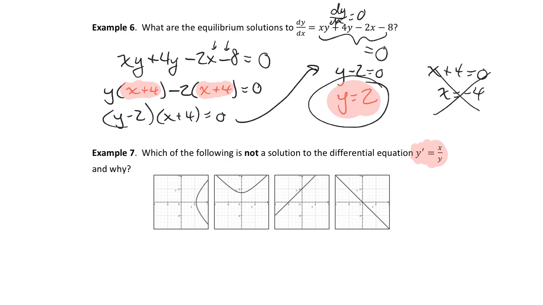So this is saying if you give me an ordered pair x, y that's on the graph, so x comma y will be on the graph of y equals f of x, then x divided by y should be equal to the slope of the curve at that particular point, or the slope of the tangent line.